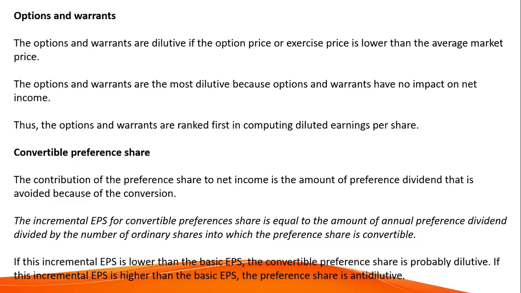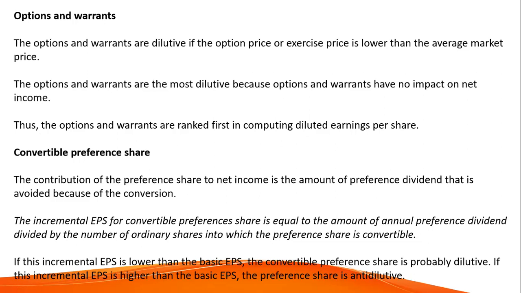The options and warrants are the most dilutive because options and warrants have no impact on net income. Thus, the options and warrants are ranked first in computing diluted earnings per share.